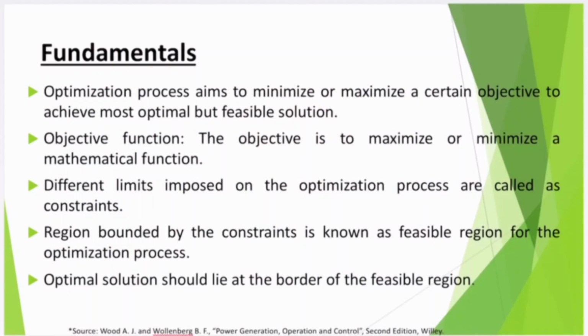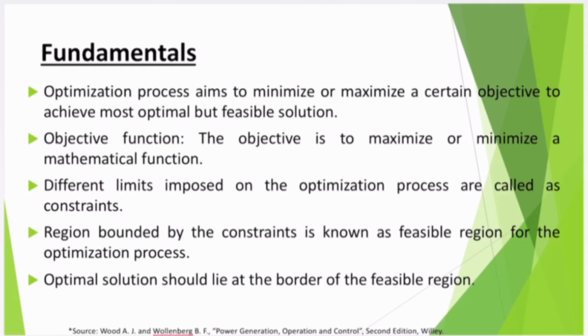Now, the optimization process aims to minimize or maximize a certain objective to achieve the most optimal but feasible solutions. You need to have a function which is normally called the objective function, and that objective function could be a linear or nonlinear function. Most likely it is nonlinear, and that needs to be either minimized or maximized.